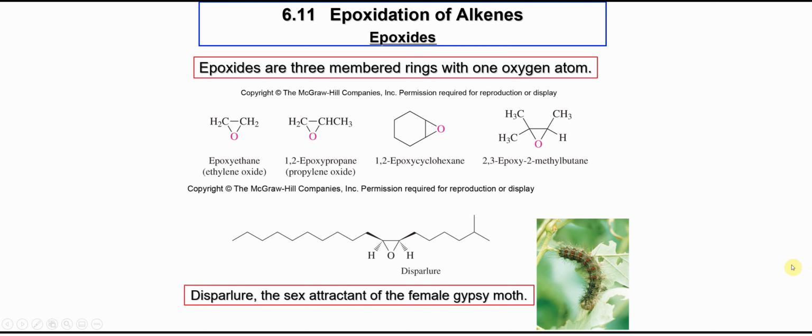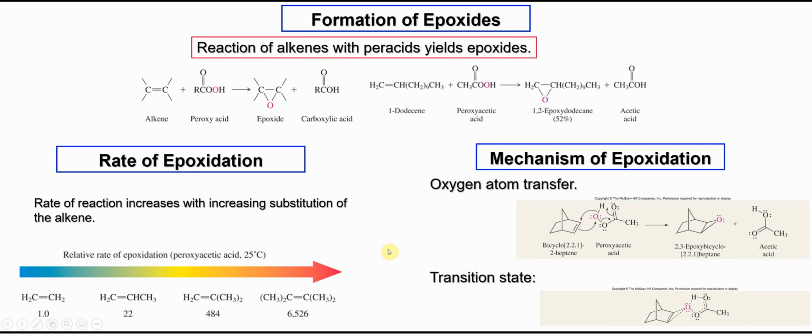There is something for personal curiosity. This is called disparlure. It is what the female gypsy moth uses to attract the opposite gender for mating. You can see this is a compound which is also an epoxide.